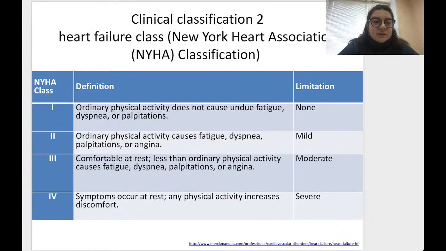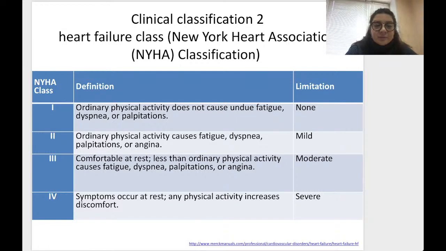First functional class is when ordinary physical activity does not cause fatigue, dyspnea or palpitations, certainly no limitations of physical activity. Functional class 2 is when ordinary physical activity causes fatigue, dyspnea, palpitations, or angina. In general, we name that mild limitation of physical activity.